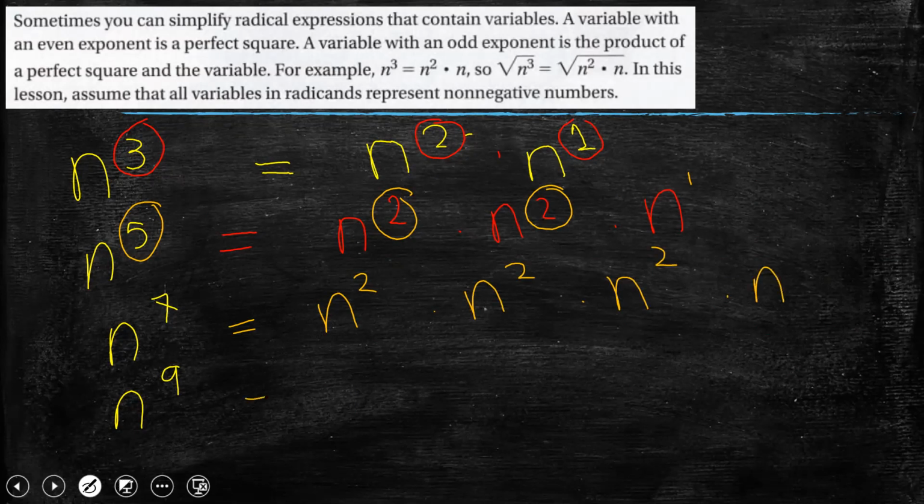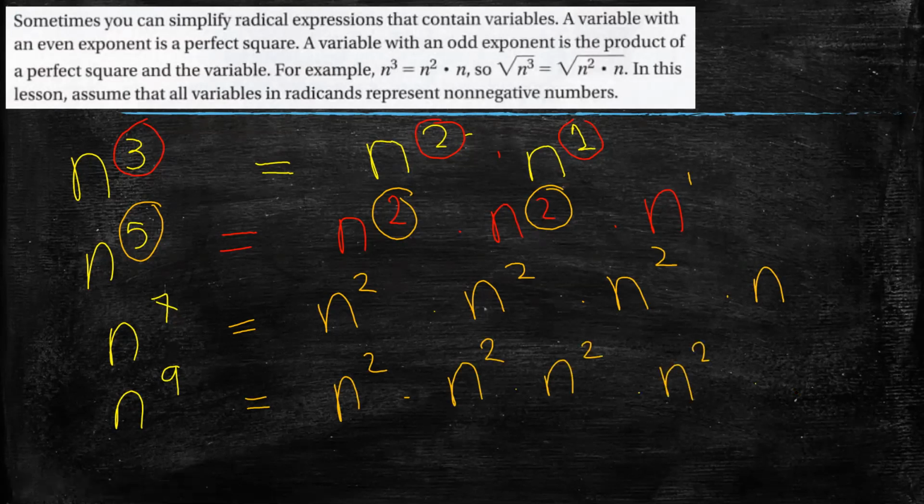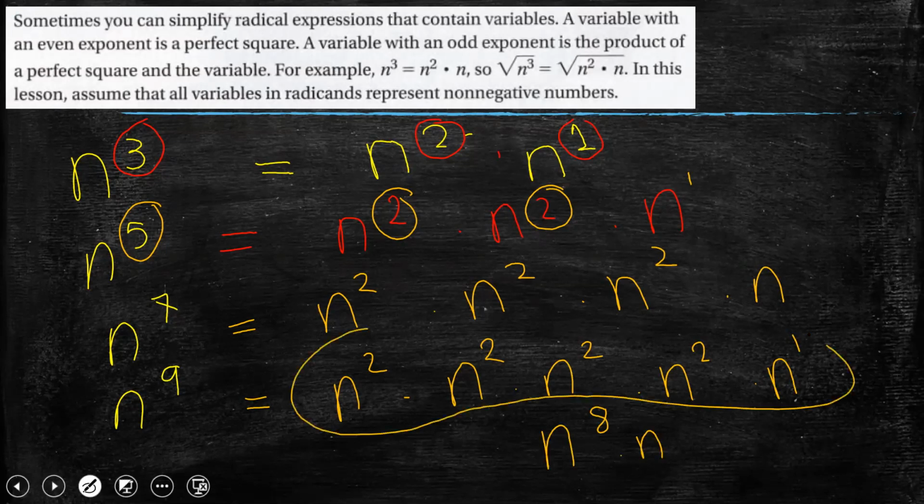N to the power 9 can be written as n squared times n squared times n squared times n squared, so we have 8 times n to the power 1. Or you can write it as n to the power 8 times n. I want you now to know this way.